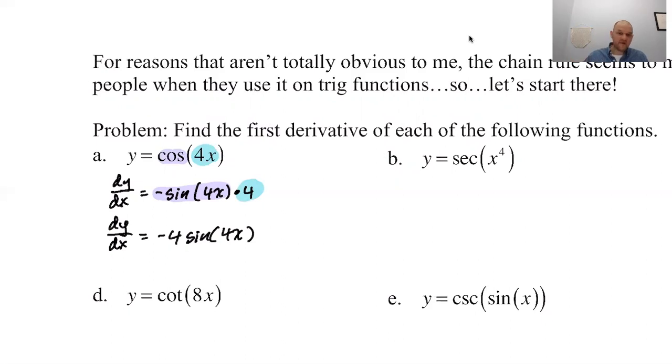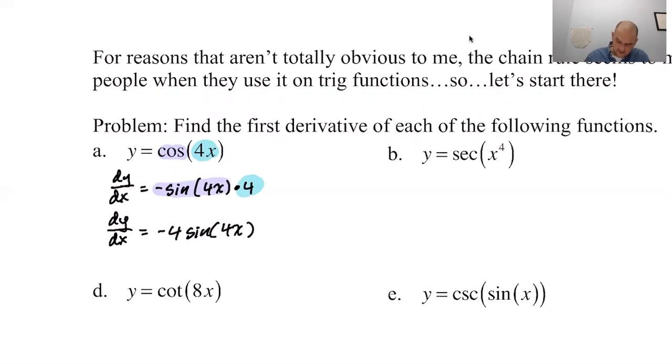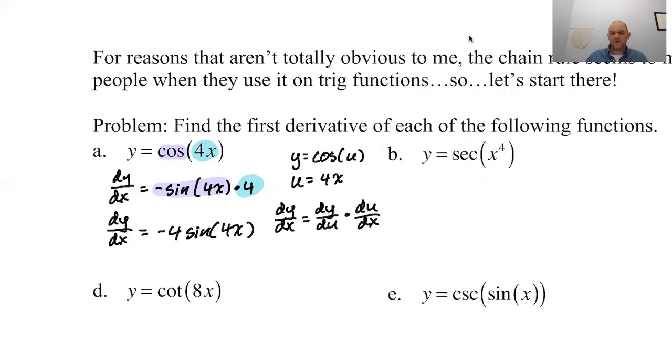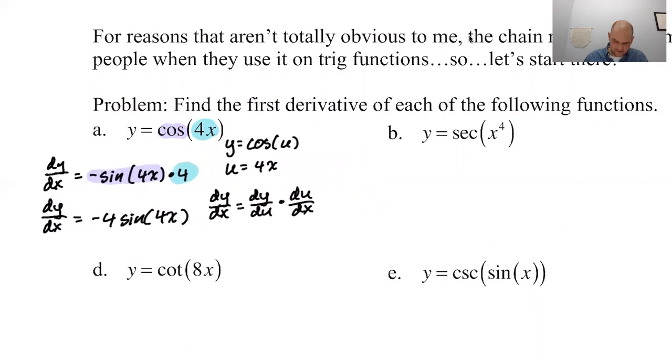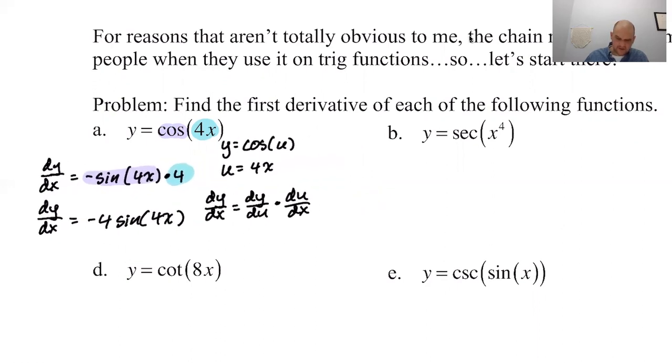Now, the alternative way of thinking of this is that you could say that y is equal to the cosine of u, where u is equal to 4x. So dy dx is going to be dy du times du dx. Okay, so now I need to find dy du and du dx. I'm going to move this over a little bit so that I'm not infringing upon any other problem's rights.